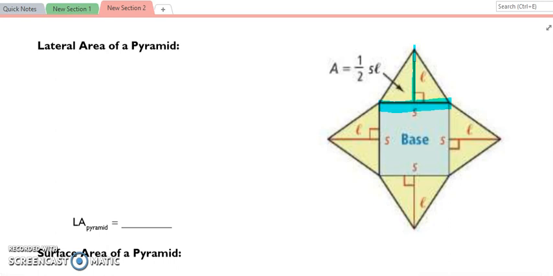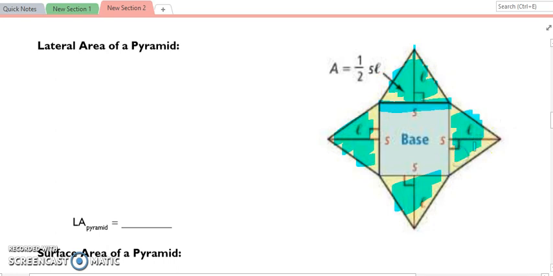But I don't have just one triangle. I have 1, 2, 3, 4. So if I were to actually try to find the whole lateral area of this pyramid, I'm going to have 4 of those triangles.